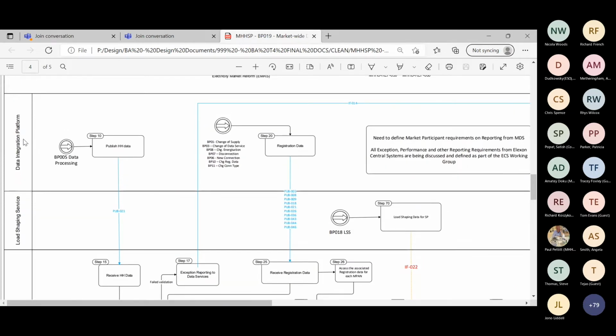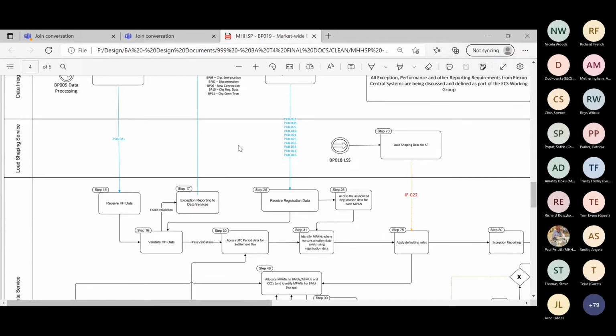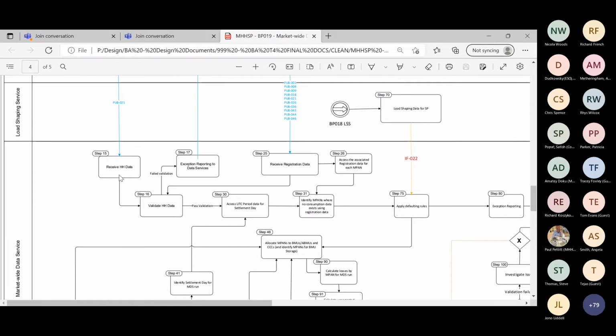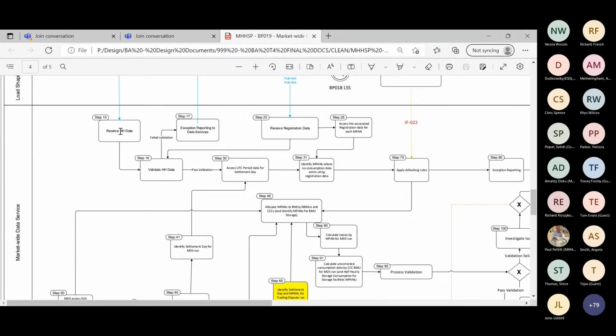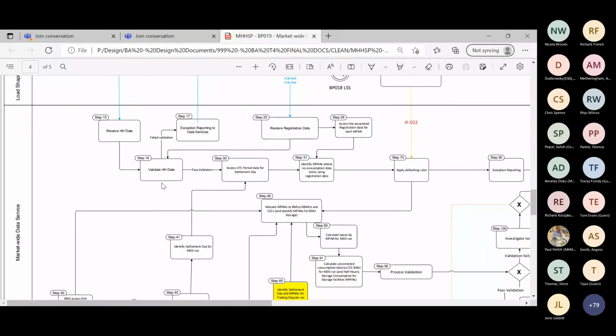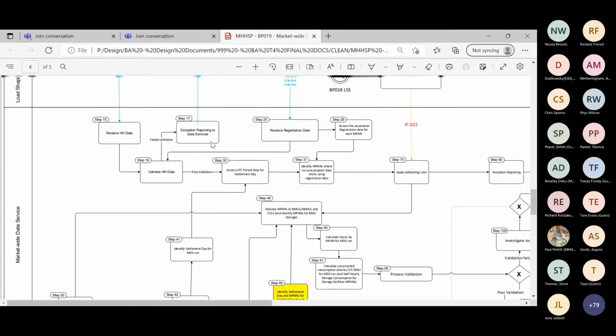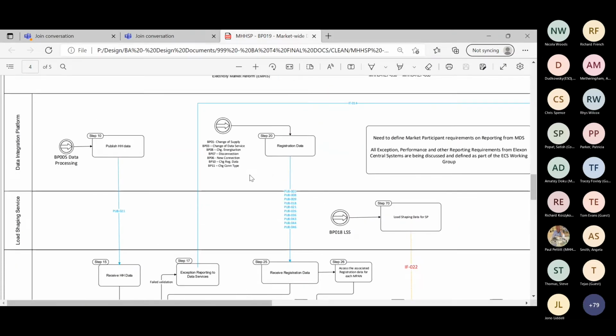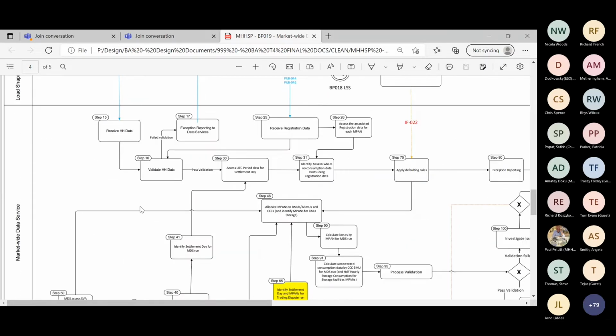At the top here, we've got the data integration platform, and this is where the data will be coming in from the various publishers from the data service into the market-wide data service. So on this, you can see the market-wide data service receiving the half-hourly data. It will validate that data, and if it fails validation, there is an interface called the IF014, which reports anything that fails validations.